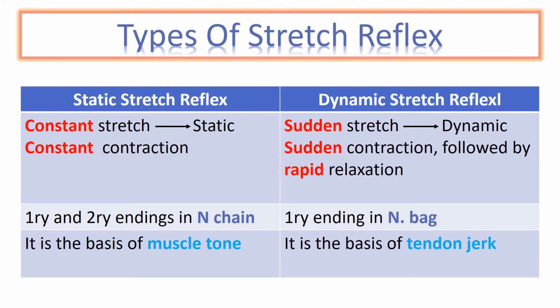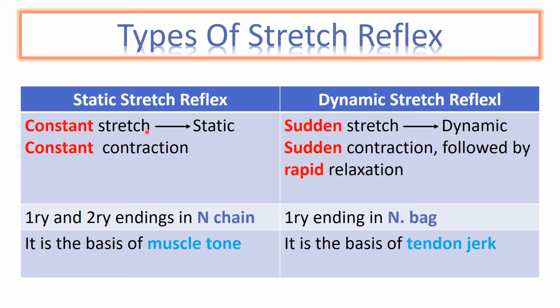What are the types of stretch reflex? There are two types: static stretch reflex and dynamic stretch reflex. For the static stretch reflex, the receptors are the nuclear chain, and the primary and secondary endings that end in the nuclear chain are responsible for this static stretch reflex.